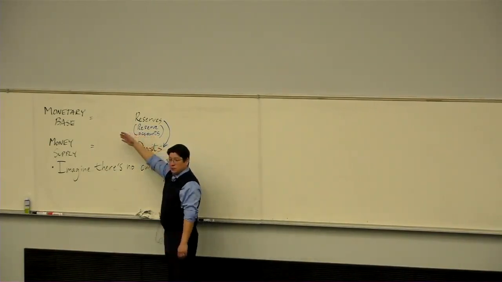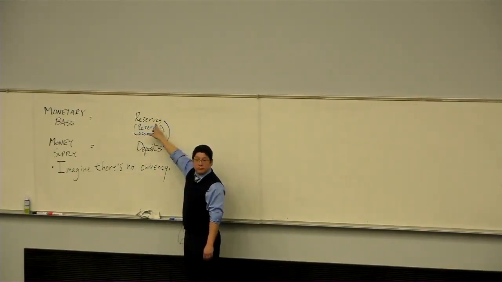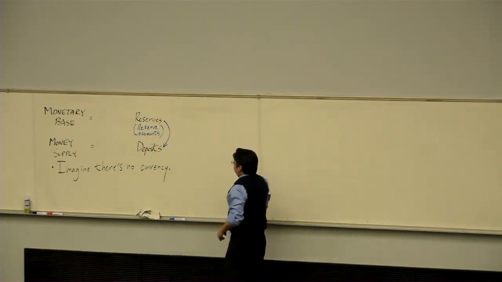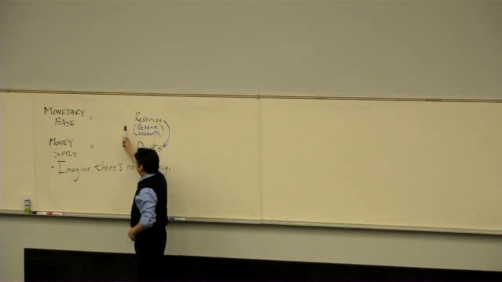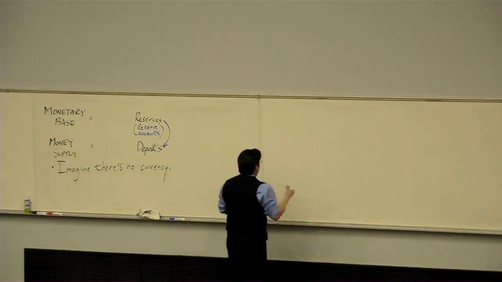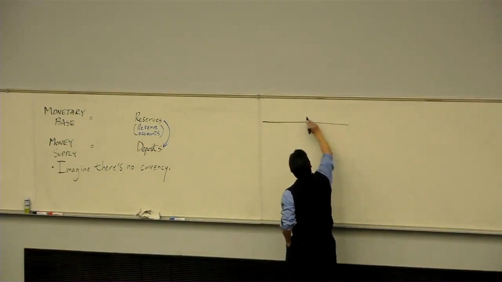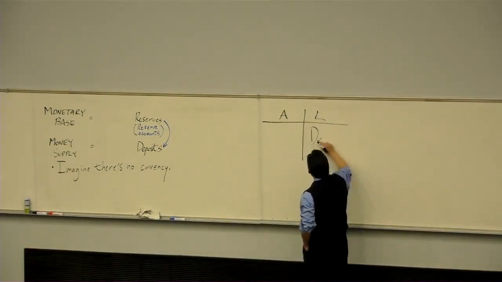Similarly, it doesn't mean there's no monetary base, it's just that the monetary base is entirely made up of the funds in the bank's reserve accounts. Okay, so this is just a world of electronic money, basically. So in that world, again, the monetary base is the reserves, and the money supply is the deposits. Now, remember that our window into how the banking system works is the balance sheet.